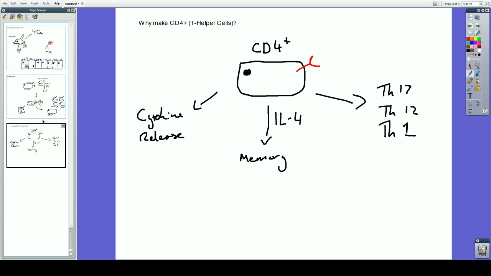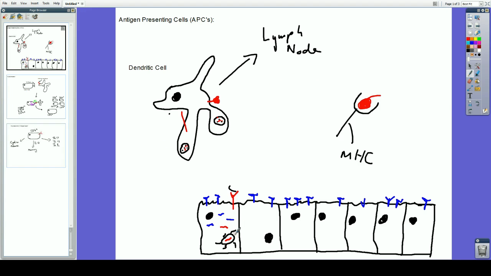it's really important to remember that this CD4 cell, although it can do all these things, is specific to this one antigen. So it has been activated by this antigen, and all the way from the start it's specific to this bacteria. So it's involved in this pathway, so it wouldn't necessarily be effective in any other kind of immune response. We have to remember that this immune response is highly specific.